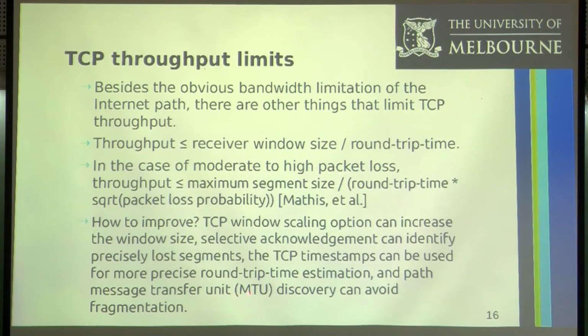The message transfer unit is important as well. If it's too big, you get fragmentation in the network, and things take longer. There's a whole heap of things you can think about when transferring data from one node to another using TCP. And people do this, and they provide libraries for you to use.